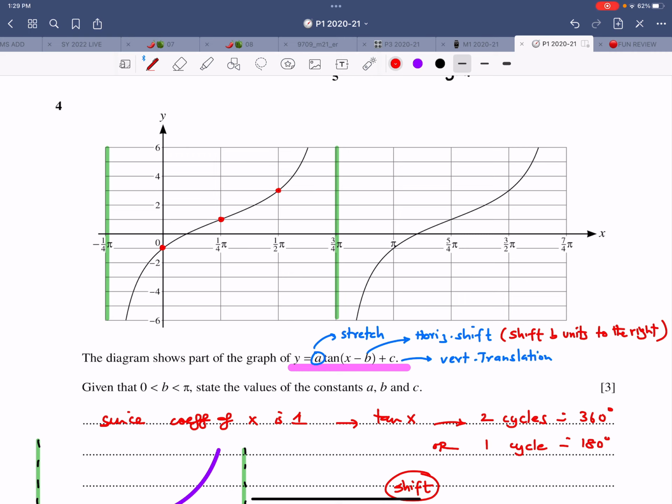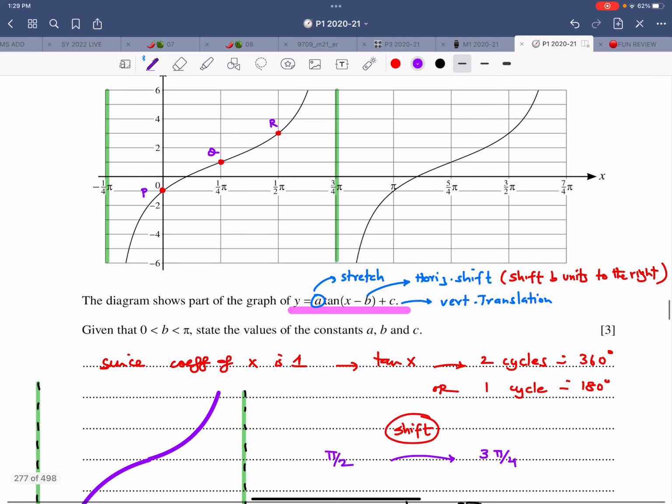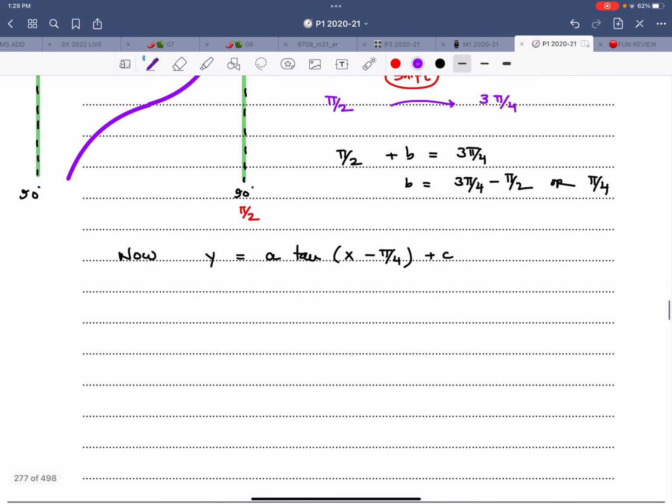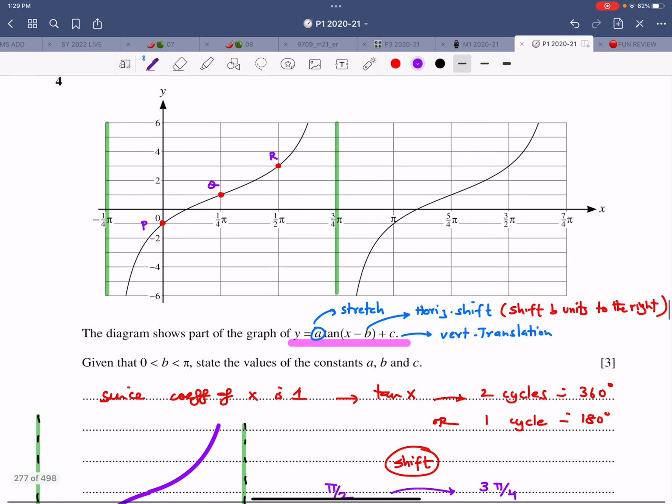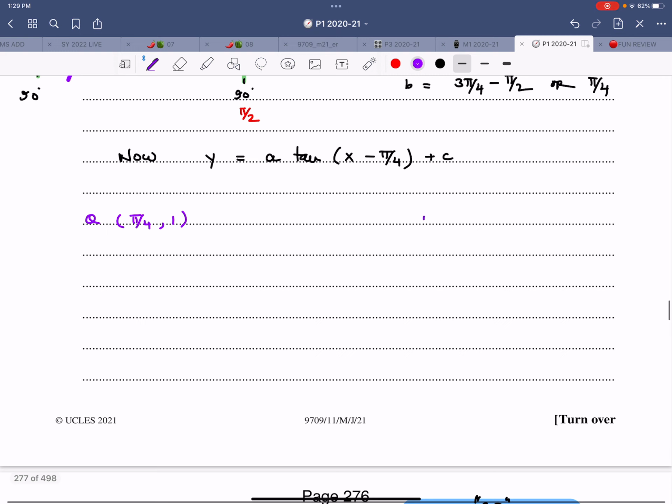So let me label the 3 points. The 3 points are, this is P, this is Q, this is R. I think I'll work with Q and R. So Q is pi by 4 comma 1. And R is pi by 2 comma 3. So this is 3 and this is 1. So R is pi by 2 comma 3.